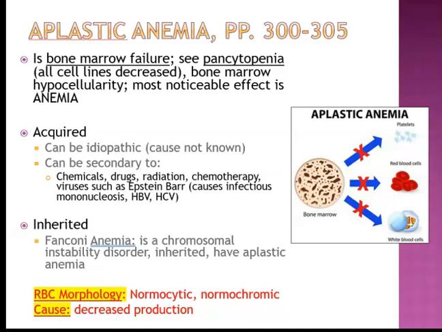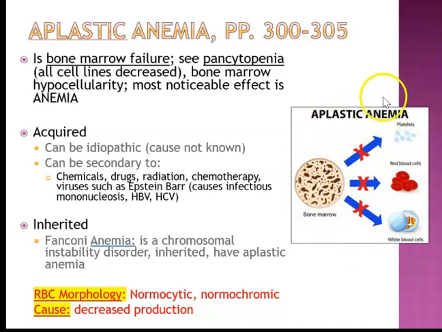The bone marrow is also suffering from hypocellularity, meaning that there's a reduced number of hemopoietic cells present in the bone marrow. Remember, the hemopoietic stem cells are where all of our blood cells come from. That's how they start out. And the most noticeable effect is anemia.